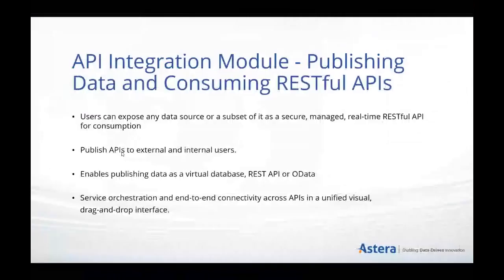So now I can publish APIs to external and internal users. Let's say I have departments that need to access information that's being created from Centerprise. I can have a data flow and treat that as a web service. This now becomes transactional processing as opposed to the traditional batch processing that you're used to. And I can publish the data as OData or a REST API or virtual database.